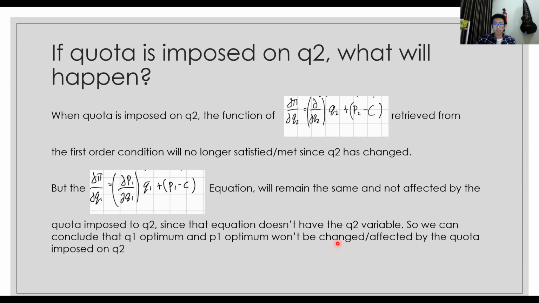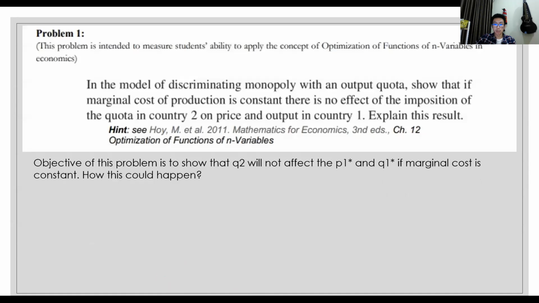We proved that if marginal cost is constant, a quota imposed on Q2 will not affect the price and output in country 1.